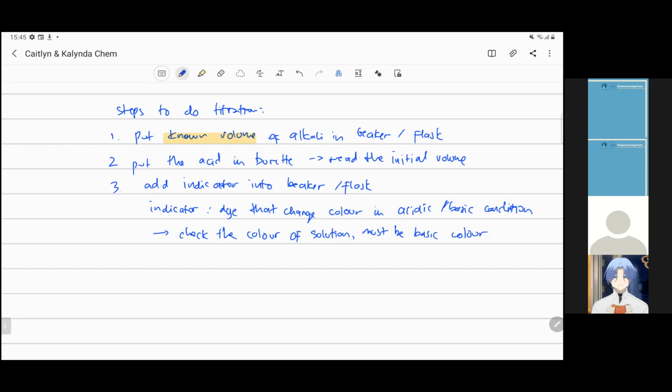Don't forget to check the color. After you add the indicator, you can use it to make sure that it is alkali that you put in the beaker, not the acid, not the other way around.